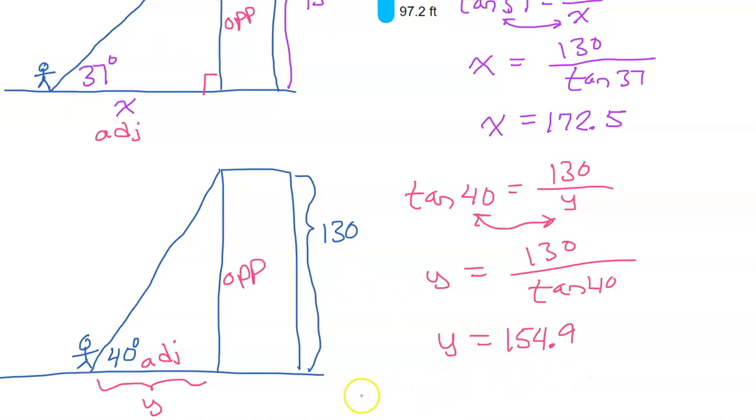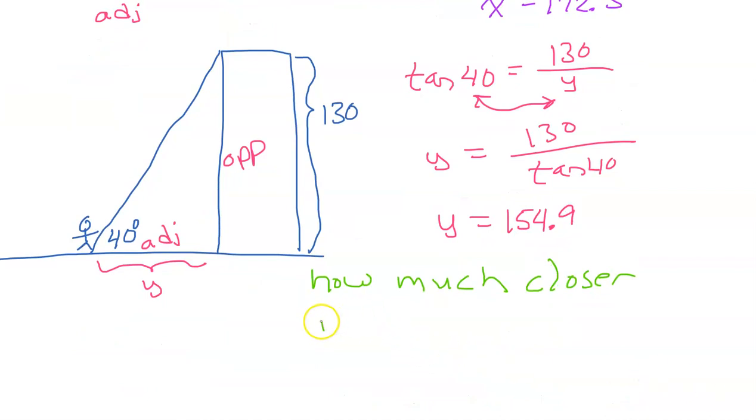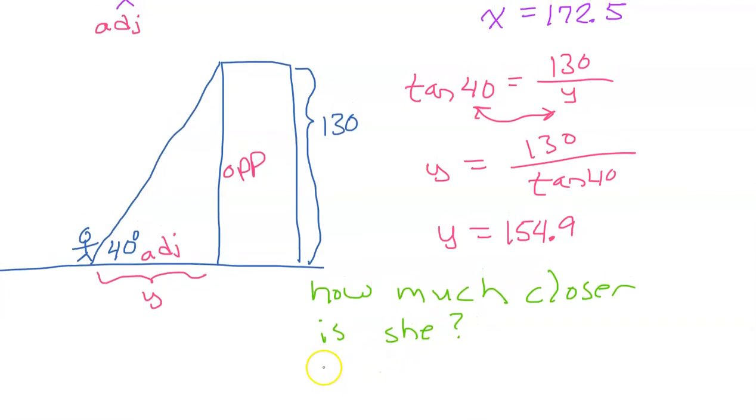We're going to subtract. Okay, how much closer is she? 172.5 minus 154.9.